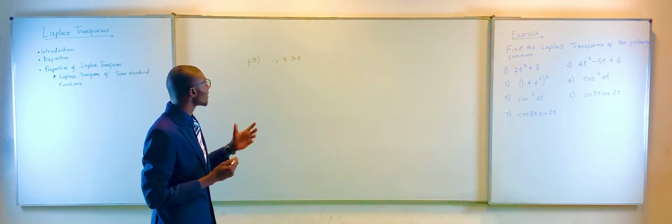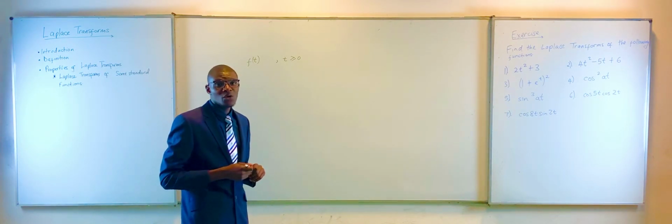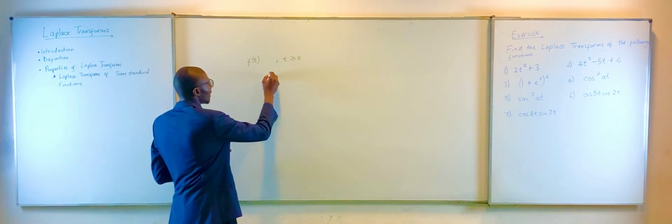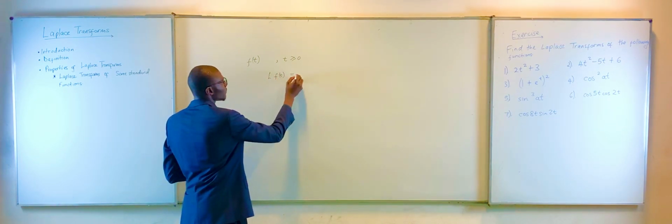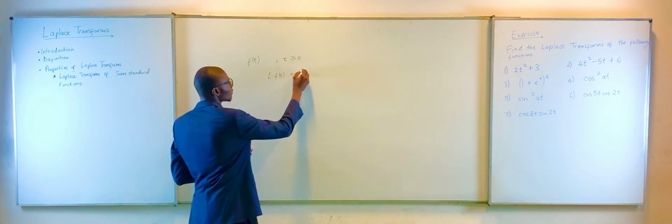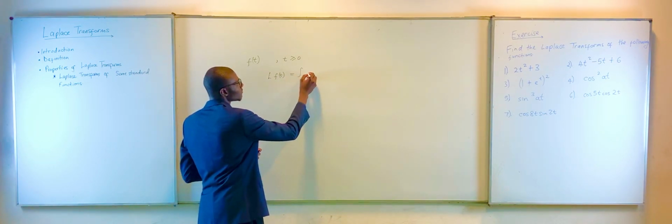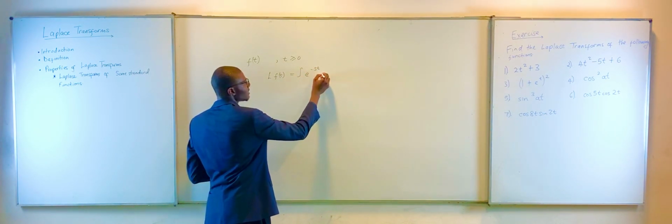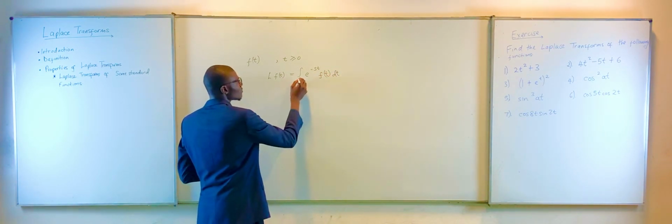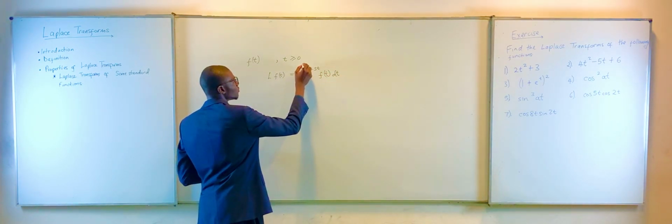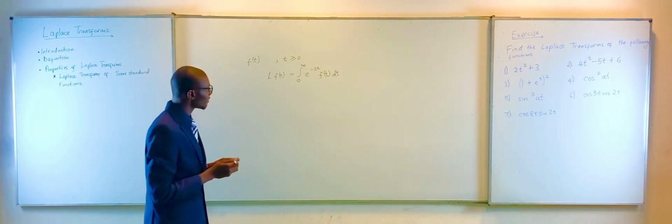The Laplace transform of f of t, which is denoted by L{f(t)}, would be equal to the integral of e to the power minus st f of t dt, and this will be from 0 to infinity.